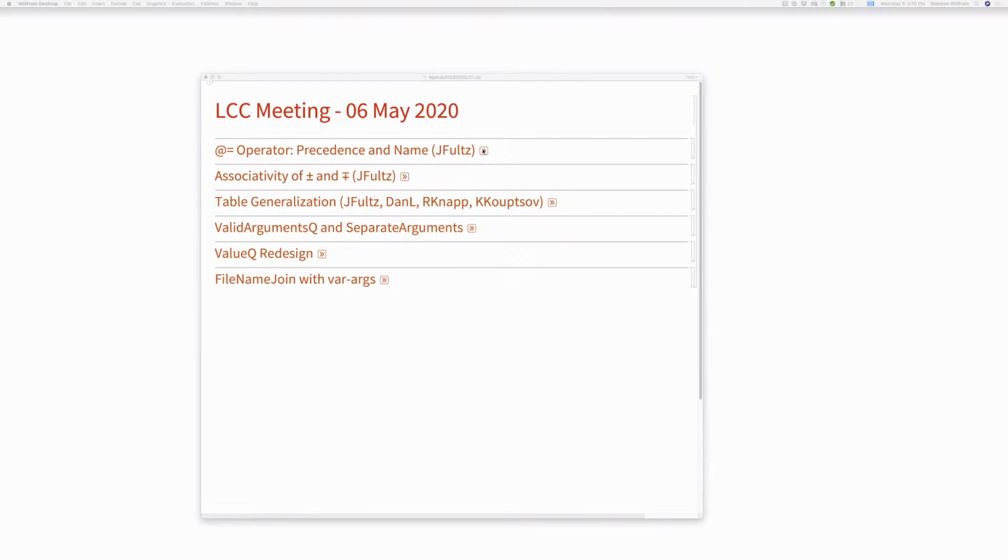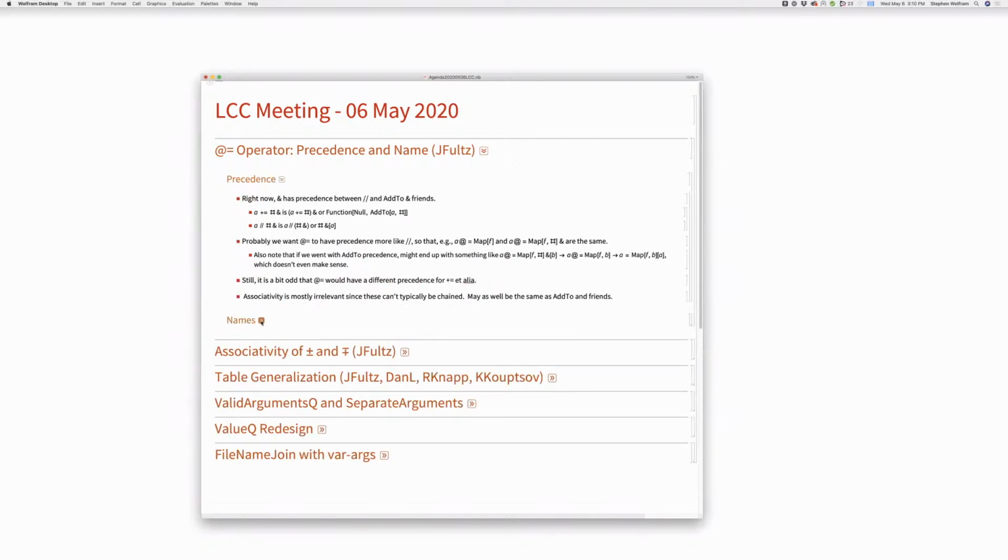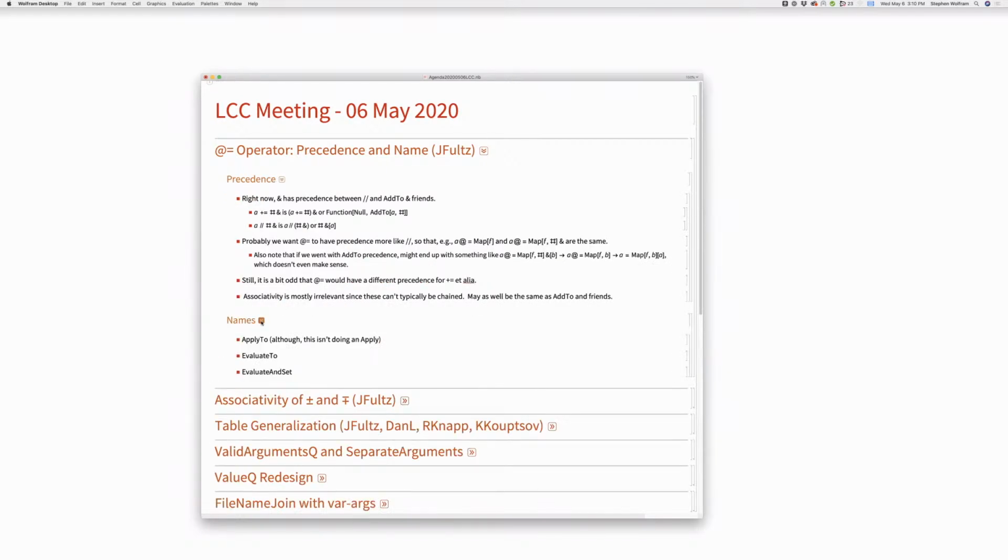The at-equals operator. Remind me what the at-equals operator is supposed to do. You do x at-equals f, and it evaluates basically to x equals f of x.